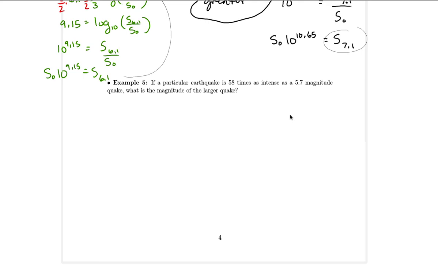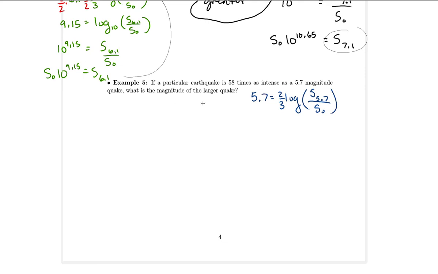All right, so in this last example, it says if a particular earthquake is 58 times as intense as a 5.7 magnitude quake, what is the magnitude of the larger quake? All right, so what we know is that we've got this 5.7 magnitude quake, and if we take 2/3 times the log of its seismic moment, which I'll just put as S with a little 5.7 next to it, over S0, I know that that's going to give me 5.7.